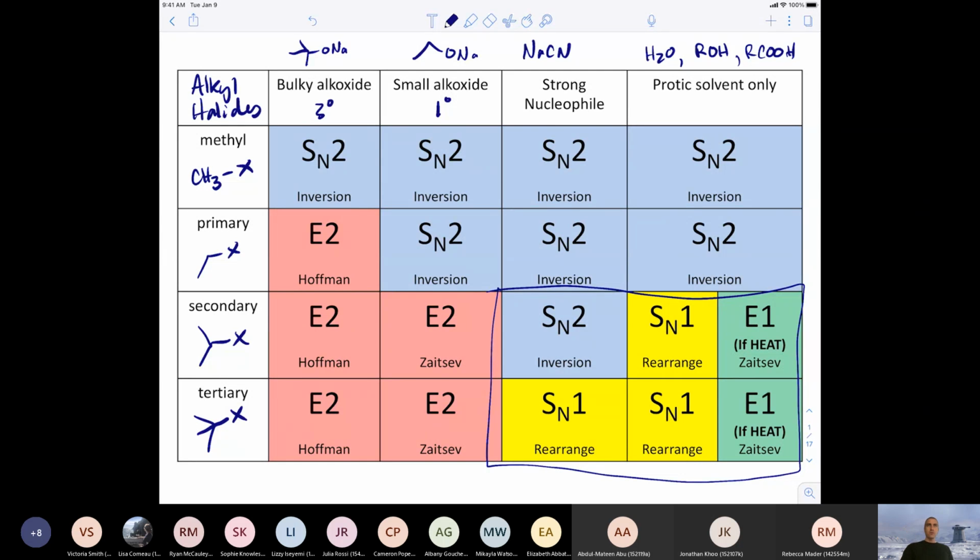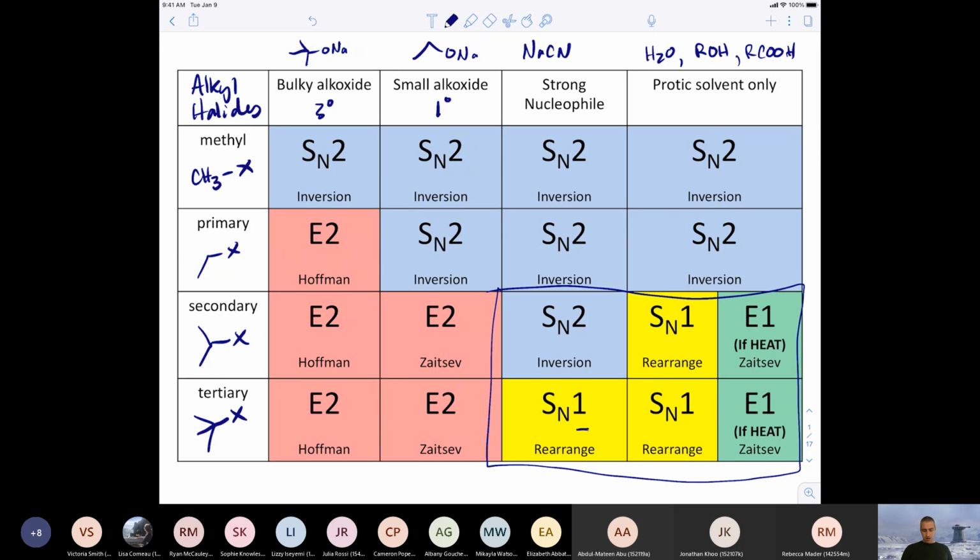Protic solvent won't do anything really active. It's not strong, not negatively charged, not a good nucleophile, not a good base. So it does what I would consider the passive mechanisms. Passive mechanisms are SN1 and E1, because the nucleophile or the base doesn't really do anything until the carbocation is already formed. So I'd call all the ones that end in 1 passive.